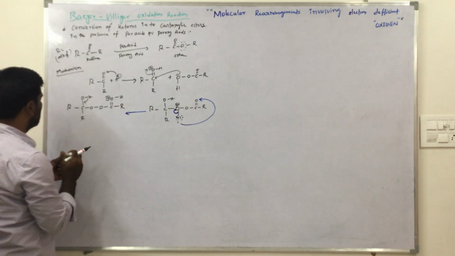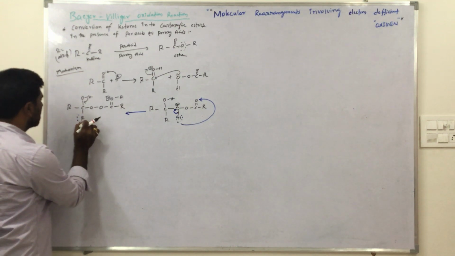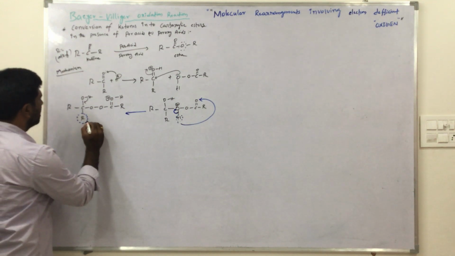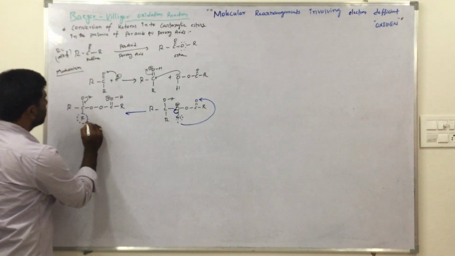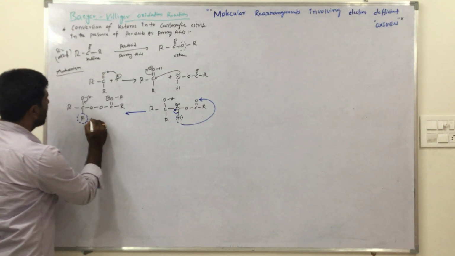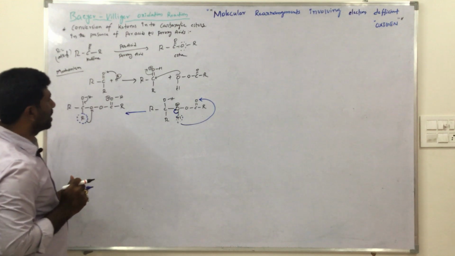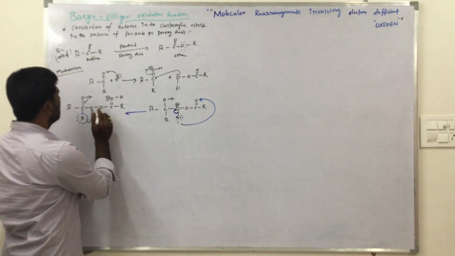Very important, this is the R group. R group migration from carbon to oxygen.